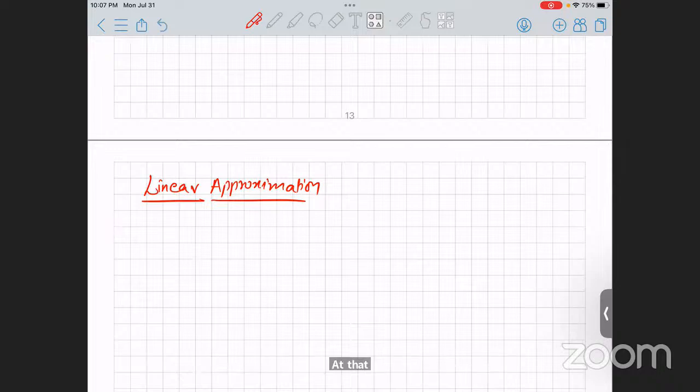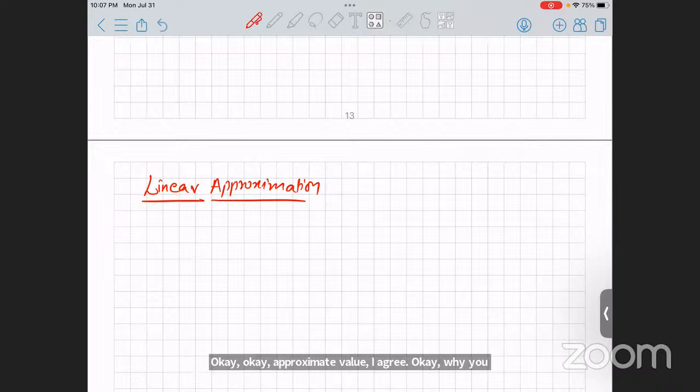Approximate value. Okay, simple. Why do you need linear approximation?